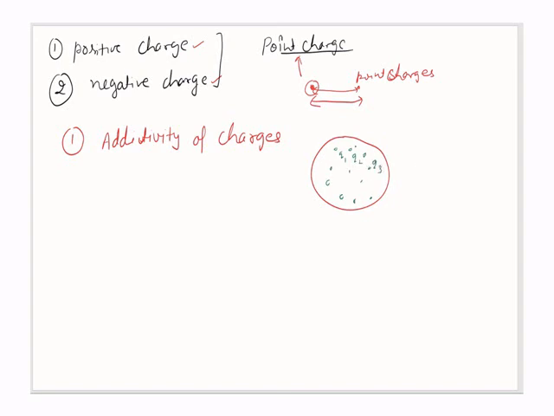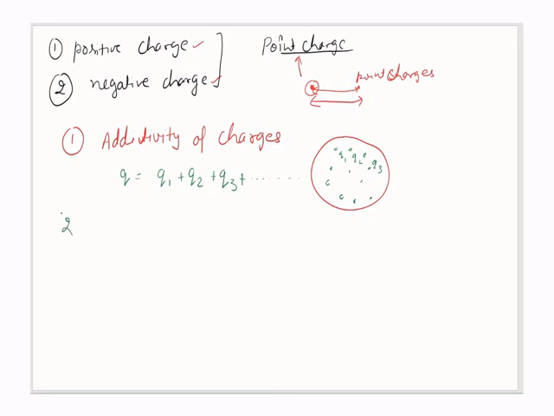Now the total charge of this system is denoted as Q equals Q1 plus Q2 plus Q3. That's called additivity of charges. The total charge is the sum of the charges of the individual bodies inside this bigger area that we have defined, right?